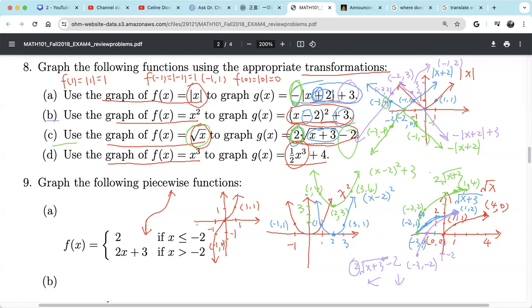Now -1 becomes -1/2. So the point, in blue color, becomes here now. And then for 1, the point is here now. 0 times half is still 0. So the graph looks like this.